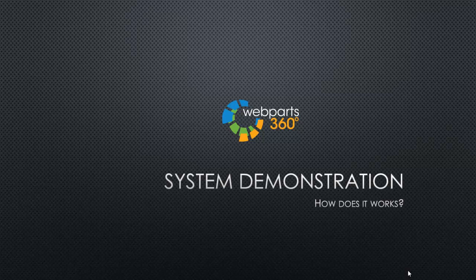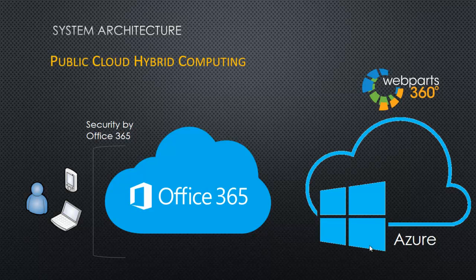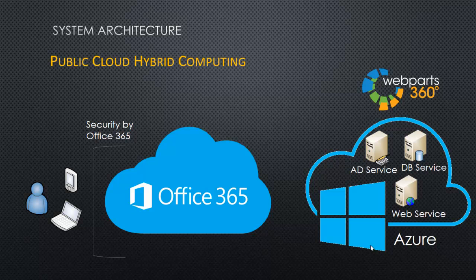Finally, I would like to share with you how this system is delivered. We start with all your devices connecting via Office 365. Essentially, your computing environment is secured by Office 365. But you have additional resources sitting on your Azure or your own data center, including your AD and your database.